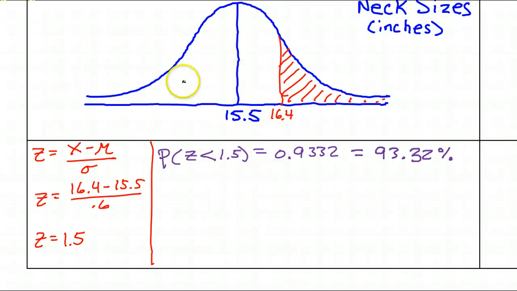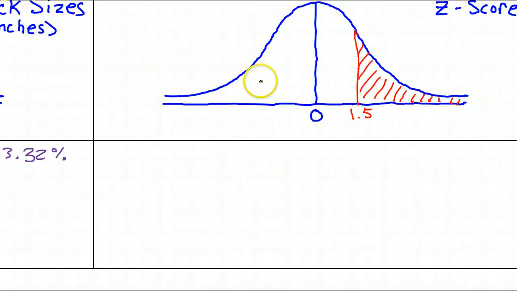In other words, it's the white area here. 93.32% is on the left side, as always. I'm going to put that in both pictures.